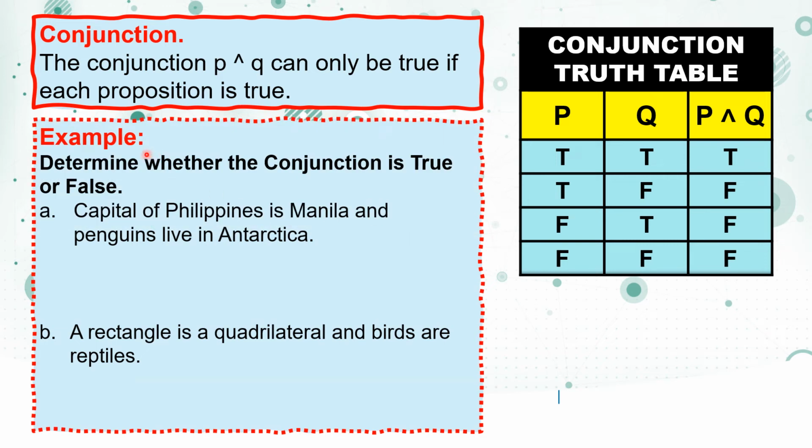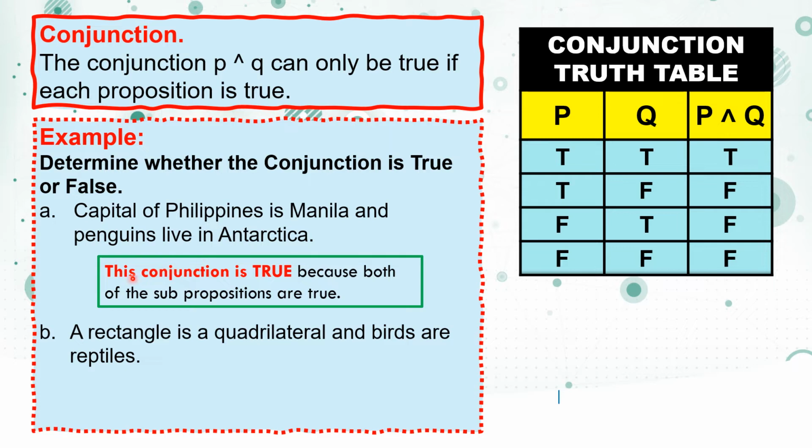For example, determine whether the conjunction is true or false. Capital of Philippines is Manila, and penguins live in Antarctica. So this conjunction is true because both of the sub-propositions are true.